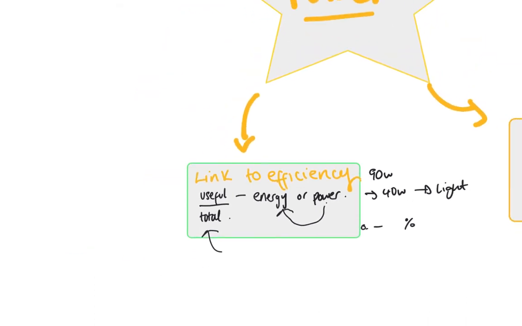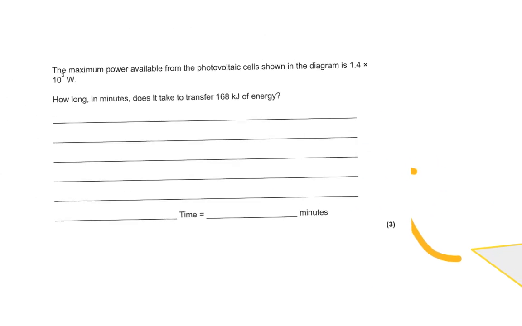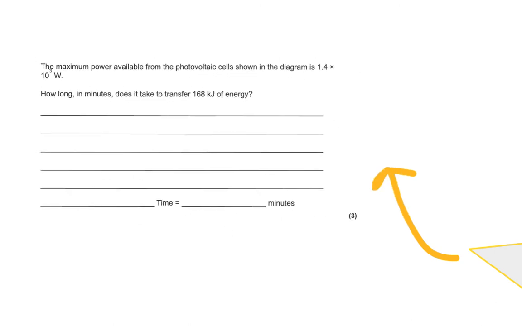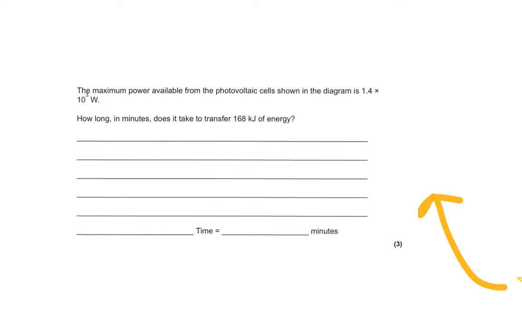Now, lastly, what I just wanted to show you is an example of an exam question where it's quite a simple power calculation. However, what they can do here is they can add some extra layers of complexity that can kind of throw you off. So let's look at this one together. The maximum power available from the photovoltaic cells. Now, guys, those are just solar panels. Don't worry about that for now.